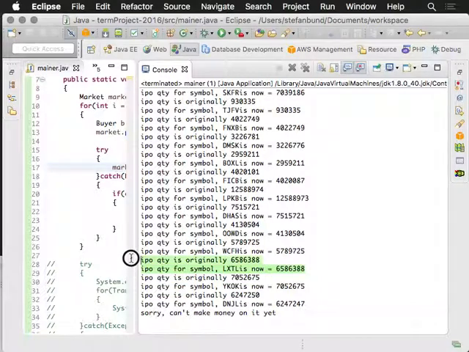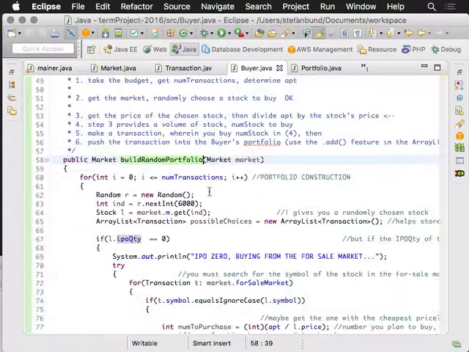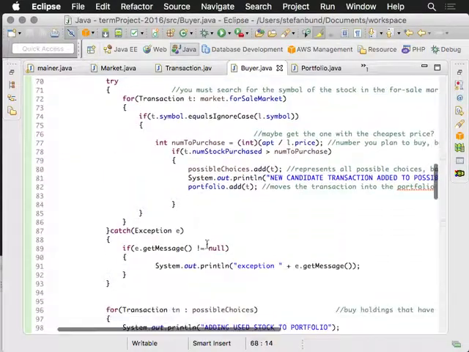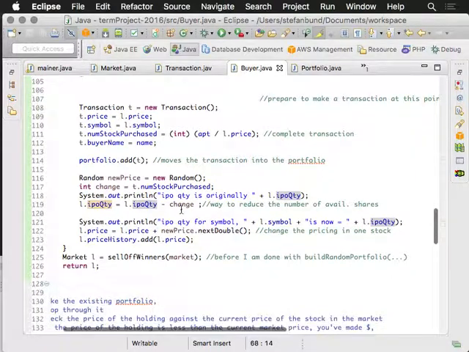And you can see in most cases here, the IPO quantity is not changed. And so what I want to figure out is why the price is so elegantly being increased, but the IPO quantity is not. And so I'm going to go away for a little bit and study why this change value is not working great.